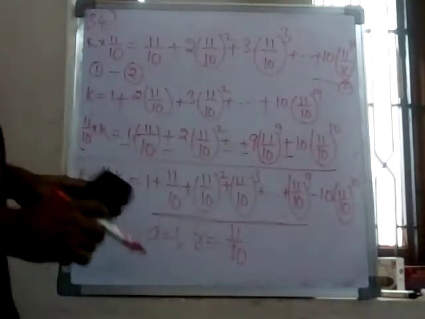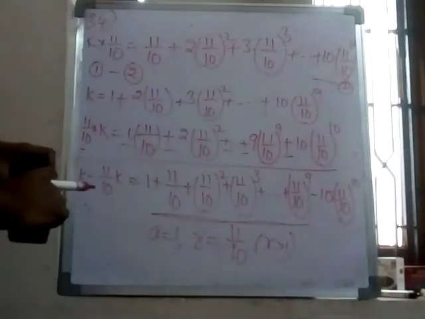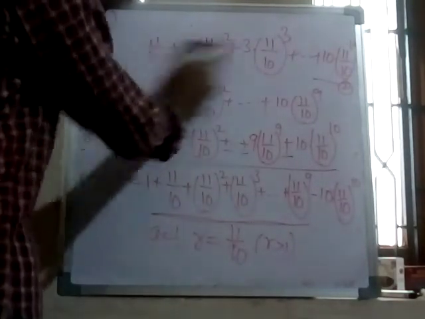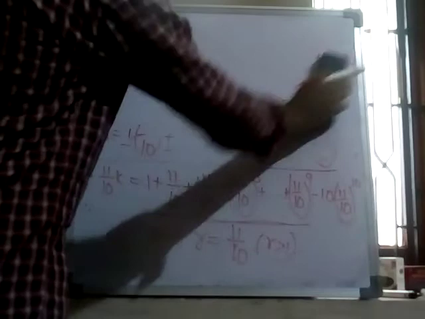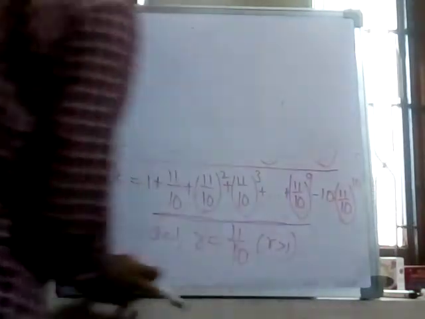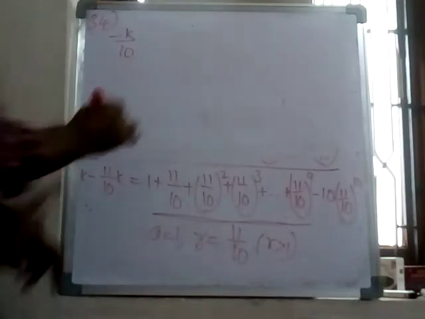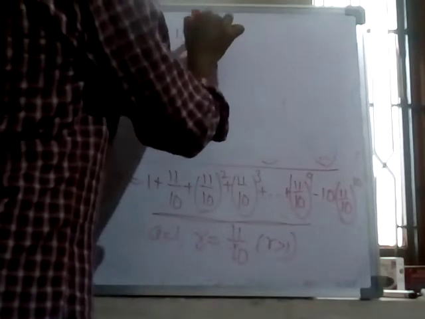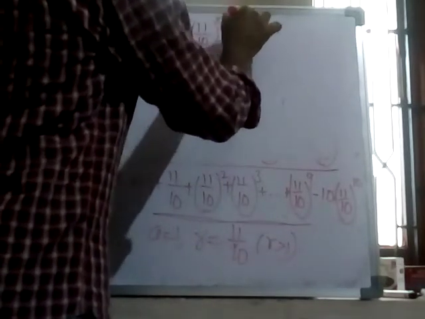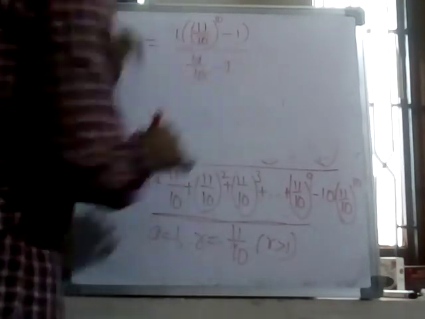So the sum of n terms in a GP, Sn is equal to A into (R to the power of n minus 1) by (R minus 1). So here we get minus k by 10, that is equal to A into (R to the power of n, 10, minus 1) by (R minus 1), 10 by (11 by 10 minus 1).